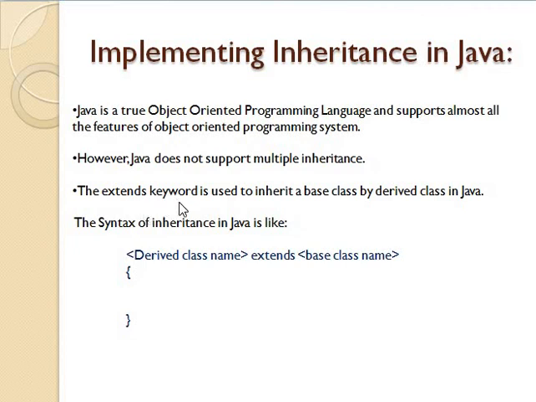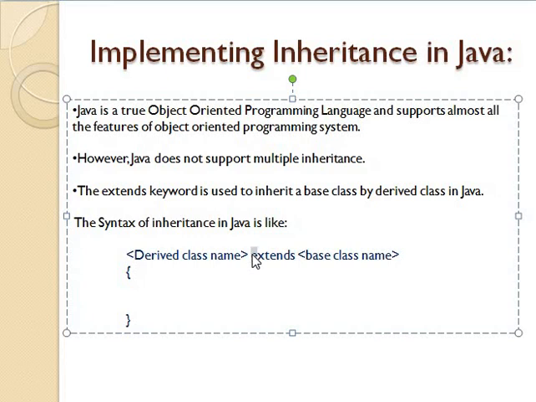Now coming back to today's presentation, the extends keyword is used to inherit a base class by the derived class in Java. Now the syntax of inheritance in Java is like this. At first you have to specify the derived class name followed by this extends keyword and then the base class name.